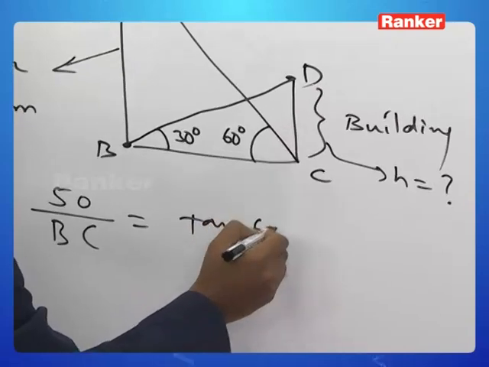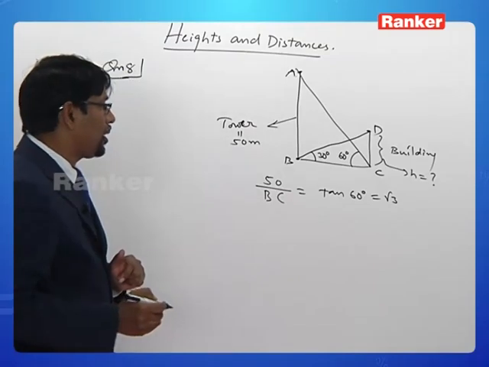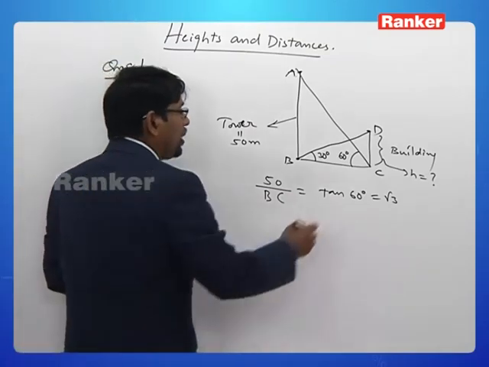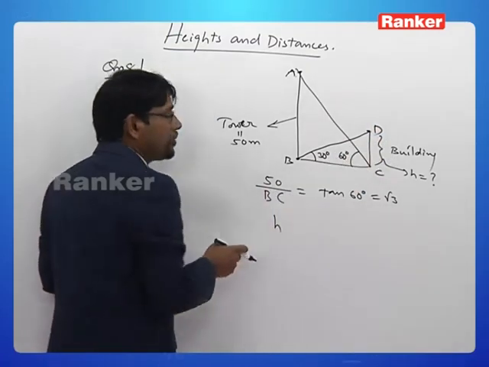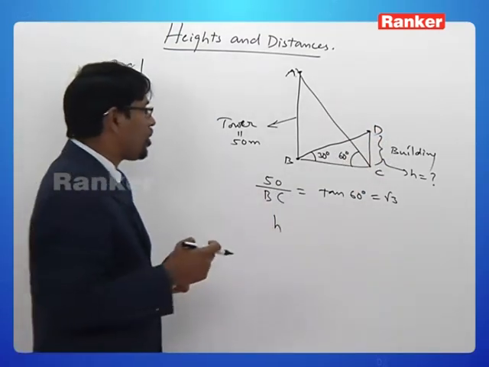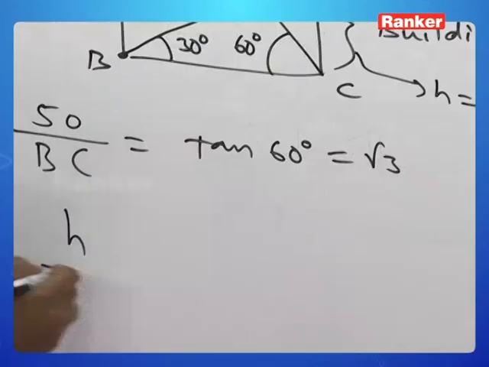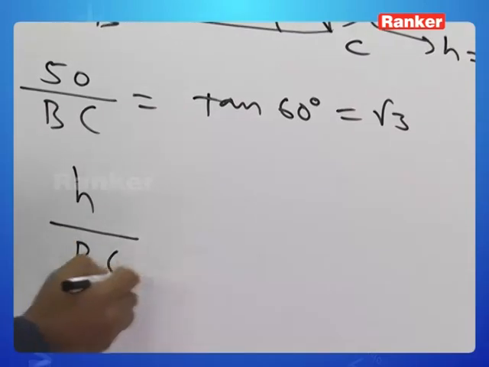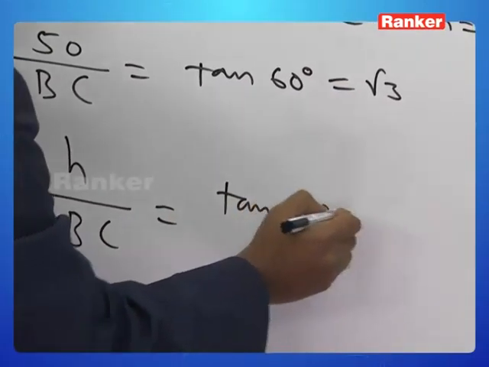That's root 3. Again, let's call this H. DC by BC will be again opposite by adjacent in this triangle BDC, and that will be H by BC, and that is again tan 30, 1 by root 3.